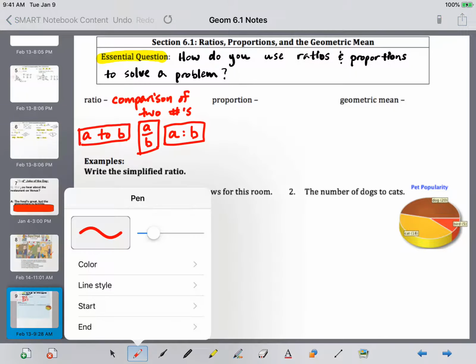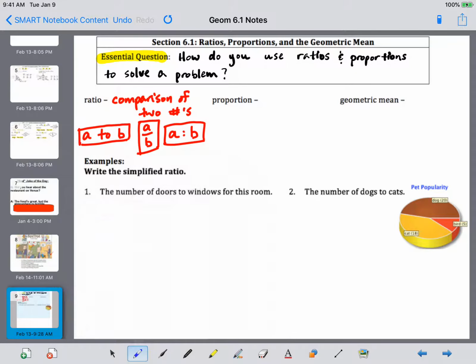Now a proportion is two ratios, so two ratios set equal to each other. And we're going to look at solving proportions in this section. So it would be like A over B equals C over D, and then you could solve that using cross multiplication.